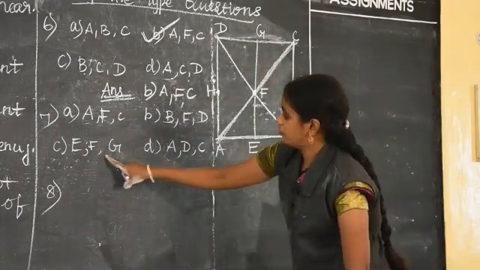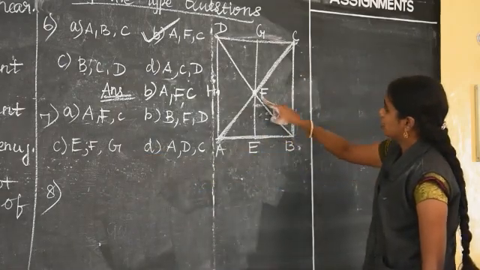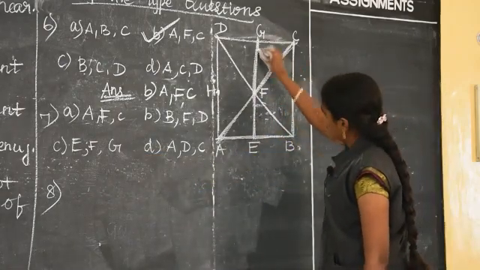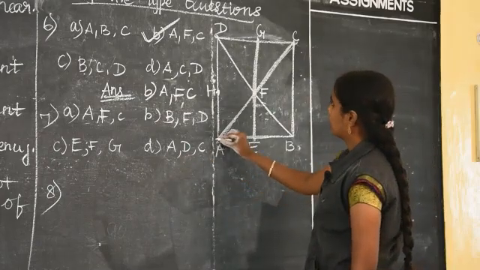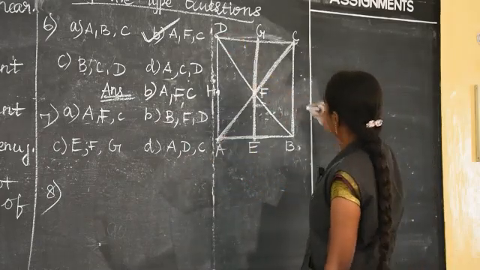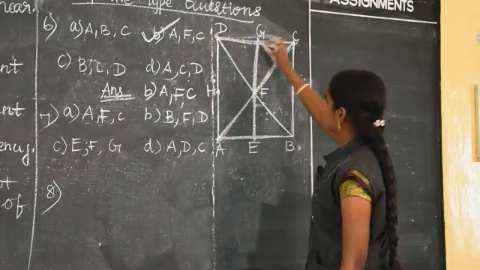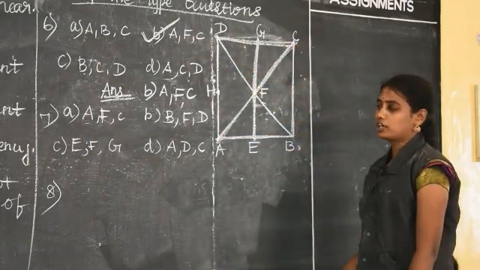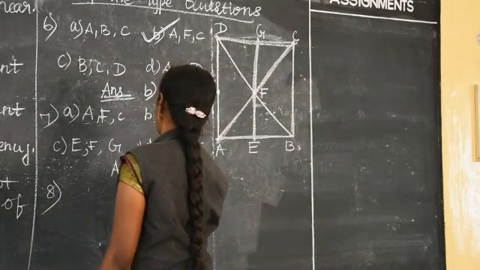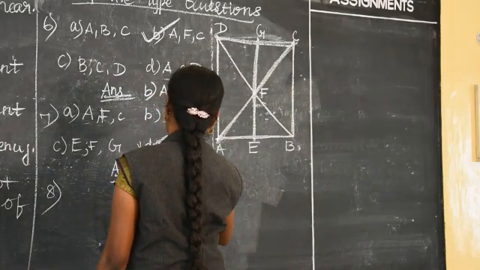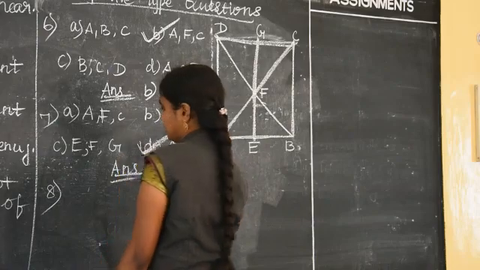Next, E, F, G also collinear because same line. A, D, C. A is here, D is here, C is here. So it is on 2 lines. So it is not collinear. The answer is option D, A, D, C.